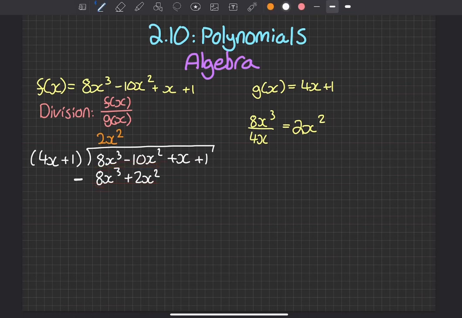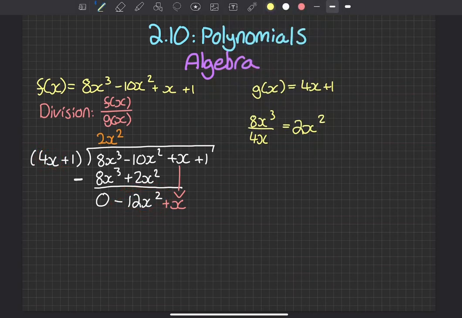Okay, so let's just draw a nice line here. 8x cubed minus 8x cubed is 0, right? Minus 10x squared minus 2x squared is minus 12x squared. And what we do next is we take this next term, and we just bring it down. We just move it down and put it here. Okay. And now we just repeat the first step, but with this number. So we divide this number by this number.